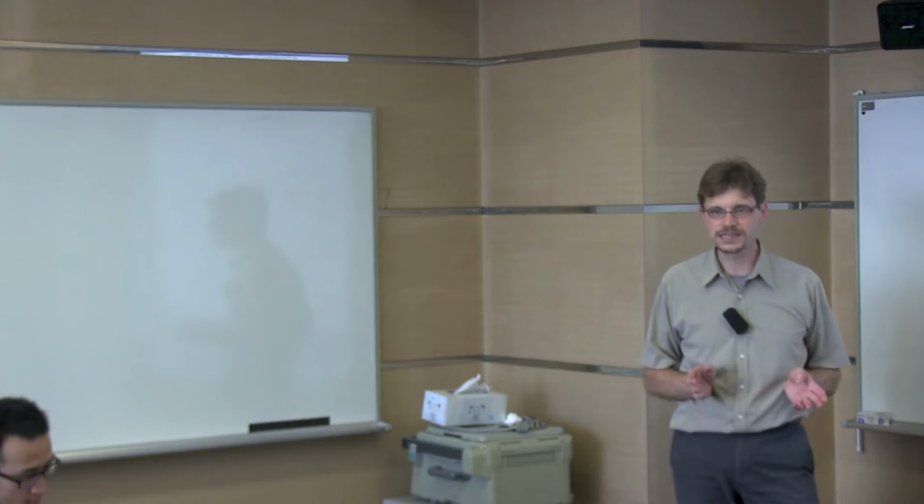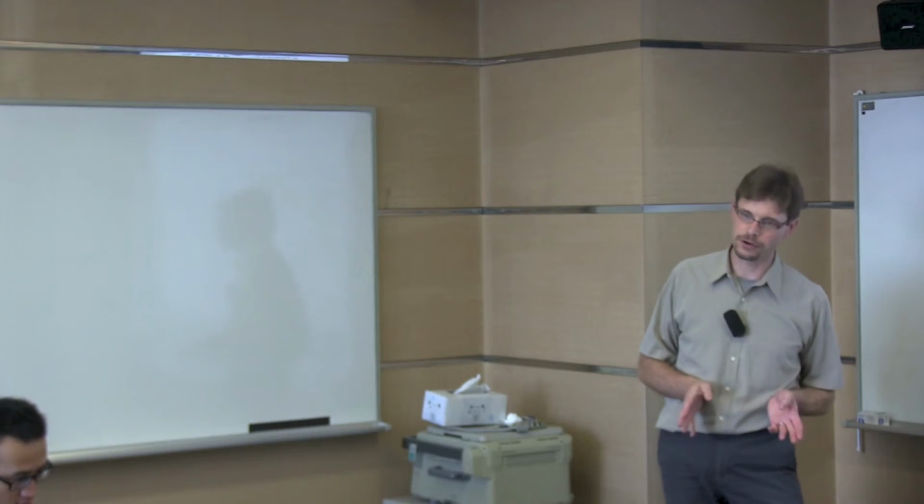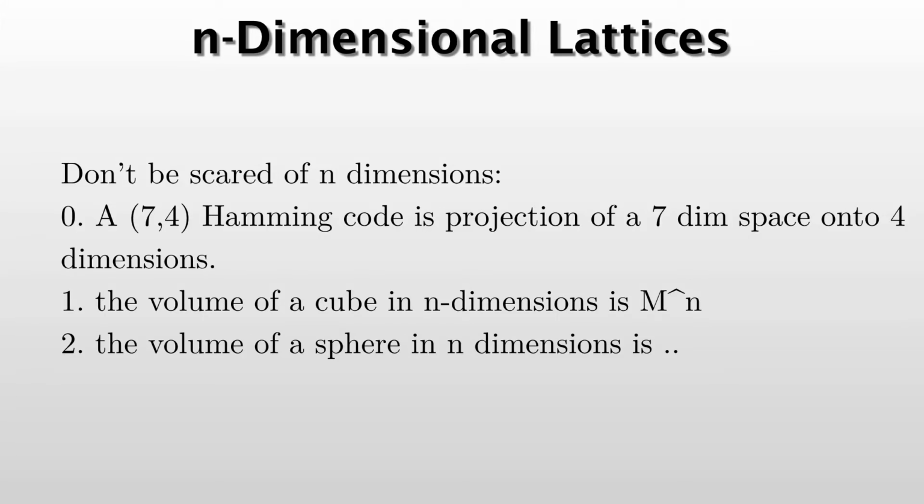If you've already seen a 7-4 Hamming code, the 7-4 Hamming code exists in 7 dimensions, and it's a projection into 4 dimensions. So it's a 4-dimensional subspace of 7 dimensions. So you shouldn't be scared at all. You can compute the volume of a cube in n dimensions.